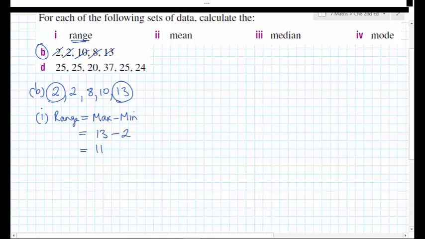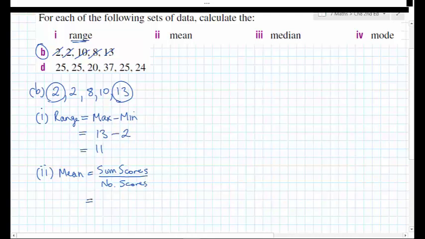I then want to also find my mean. The mean is equal to the sum of scores over the number of scores, or the number of data. So let's have a look here.